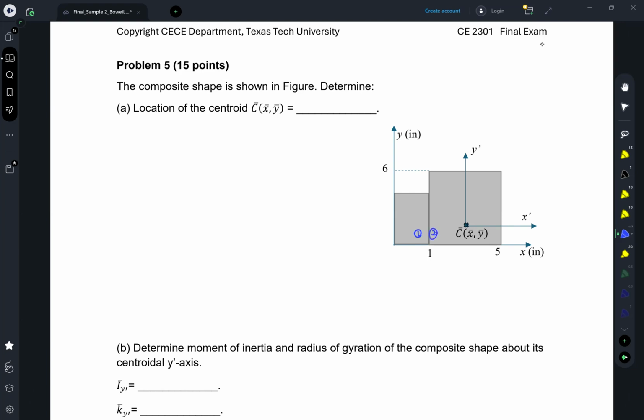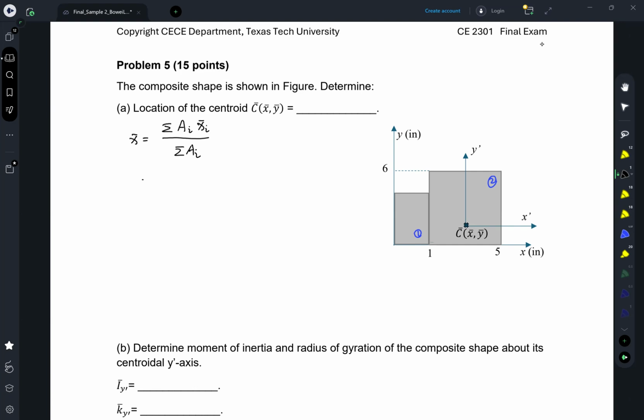Okay. So now for the two rectangles here, we know that the x bar of the composite area equals the summation of the area A_i, the area of the i-th regular shape, times x bar i, where x bar i is the x coordinate of the centroid of the i-th regular shape, divided by the total area.